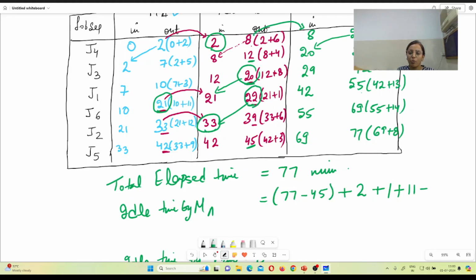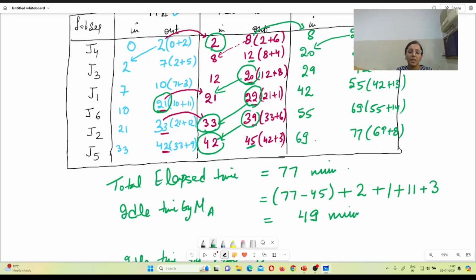Coming to the next point, it is 39, and then they have to start their work at 42. So that means again for 3 minutes they are waiting. So summing up all the values, what we find is 49 minutes. That is a total of 49 minutes that machine B is waiting.